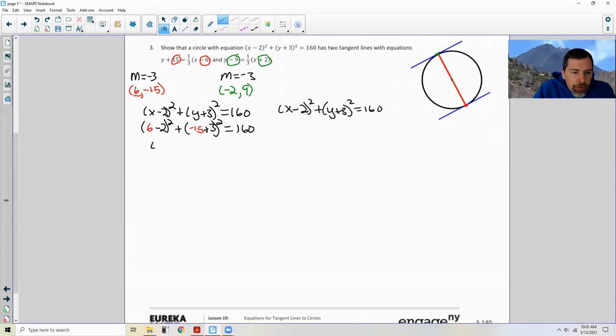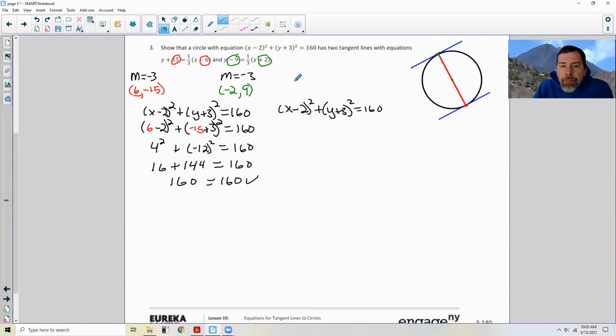Well, 6 minus 2 is 4, and -15 plus 3 is -12. 4 squared is 16. A negative squared is always positive. 12 squared is 144. And we have just shown that 144 plus 16 is 160. Okay, so this point satisfies this equation. So now we're going to check it with our x and y that we have in this point.